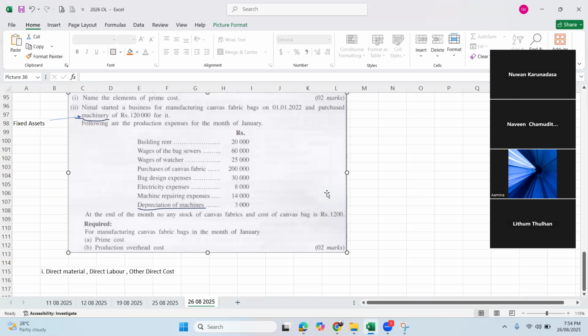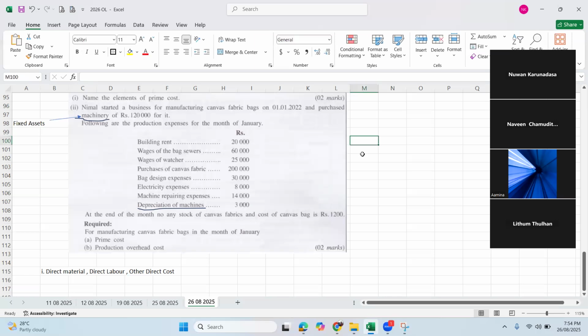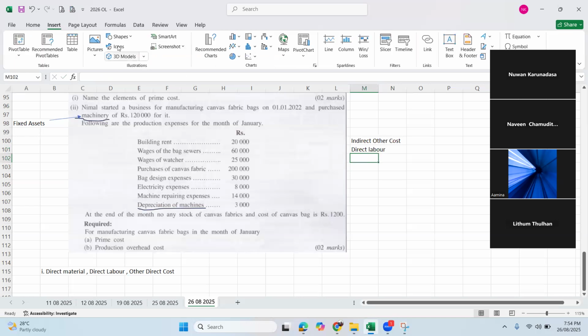Following are the production expenses for the month of Jan. Building rent, what is it? Building rent is indirect other cost. Then wages for the bag sewers, that becomes direct labor, because these are the people that sew the bags.